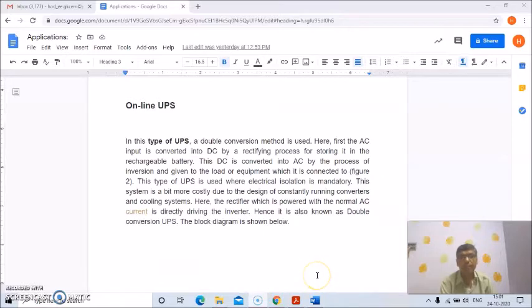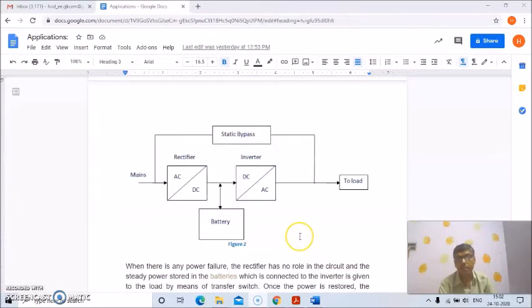This type of UPS is used where electrical isolation is mandatory. This system is a bit more costly due to the design of constantly running converters and cooling systems. Here, the rectifier, which is powered with the normal AC current, is directly driving the inverter. Hence, it is also known as double conversion UPS, and the block diagram is shown here.